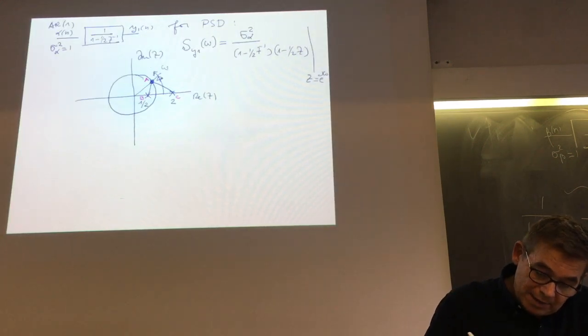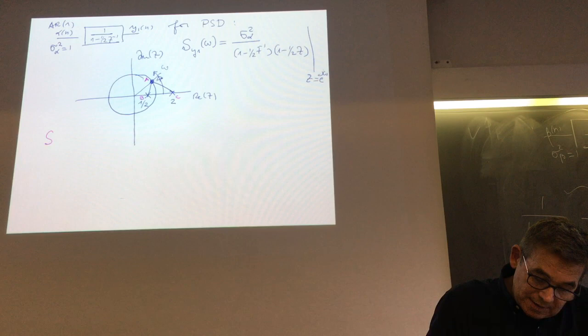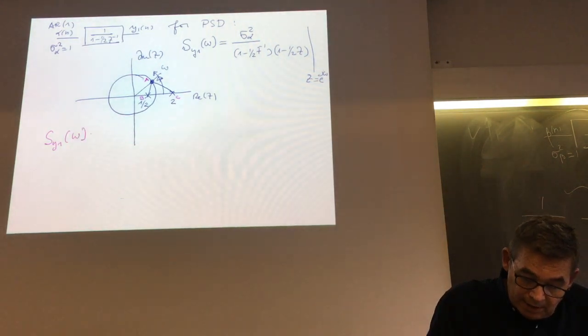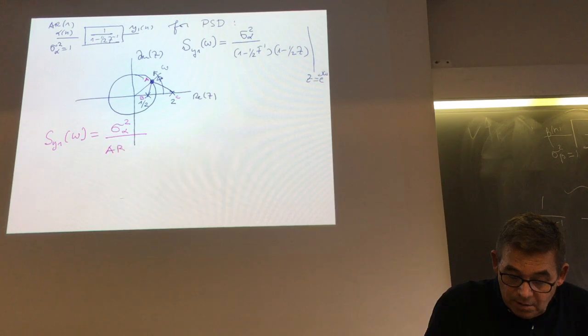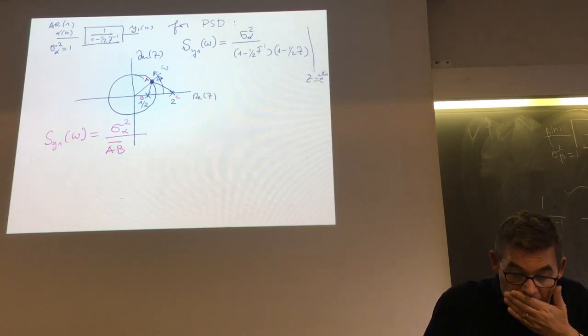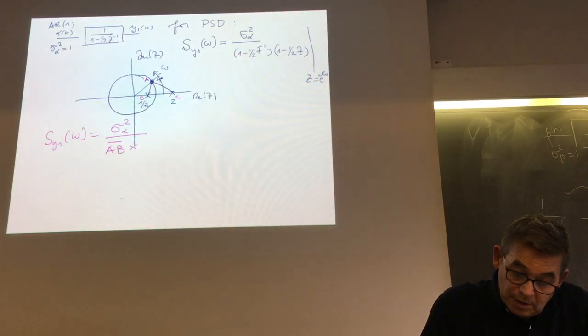Now that means that the power spectral density SY1 in omega is equal to sigma square alpha, then it is the length of AB times the length of AC.